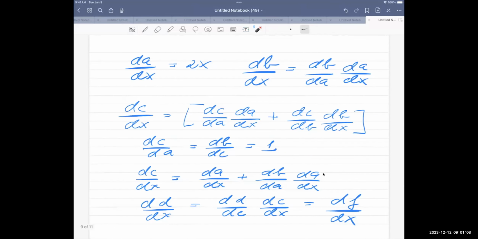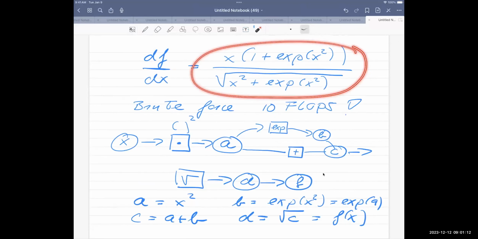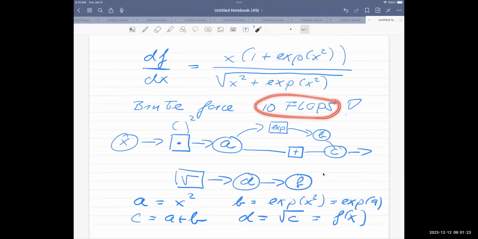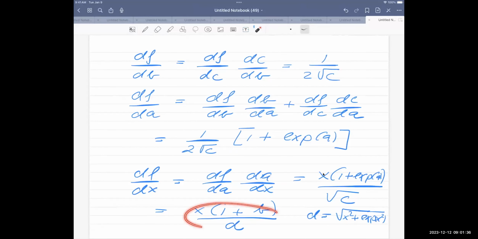If I look back at the derivative, which I could get from symbolic Python, which translates everything as it stands into C++ code or Python code, just to give an example, then this would give me 10 floating point operations, whereas with everything pre-calculated and using the chain rule in a backward mode, I end up with only 3 floating point operations for the derivative.